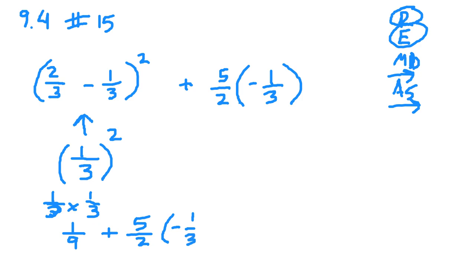So now we're ready. In the order of operations, we have to do the multiply and divide first. So we have to take the 5/2 times the negative 1/3 next.